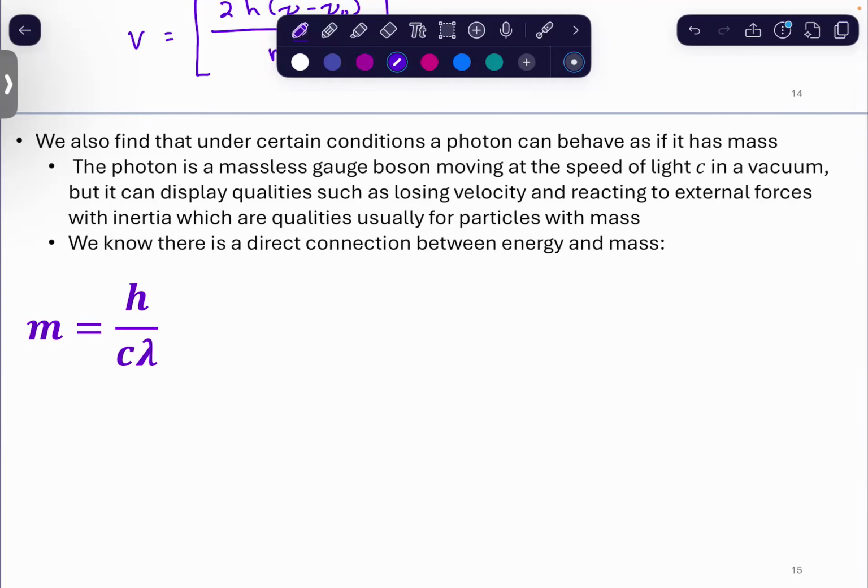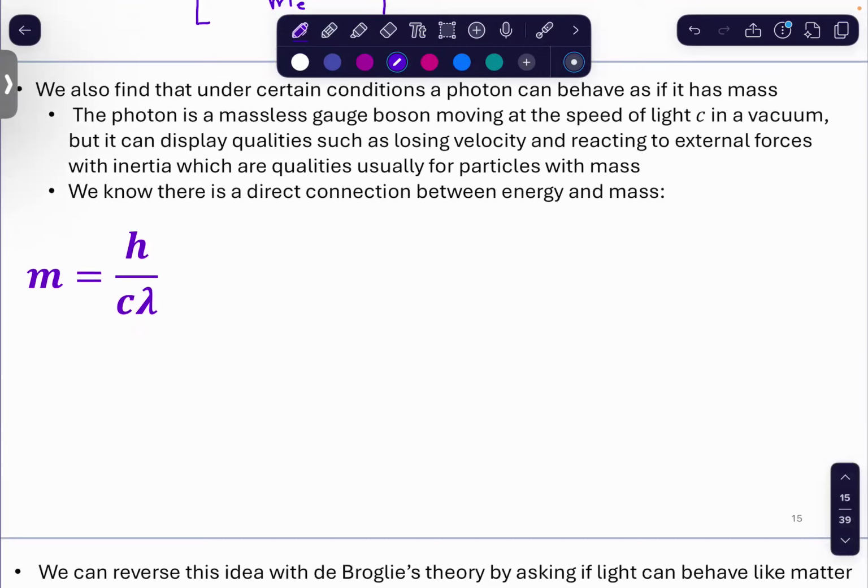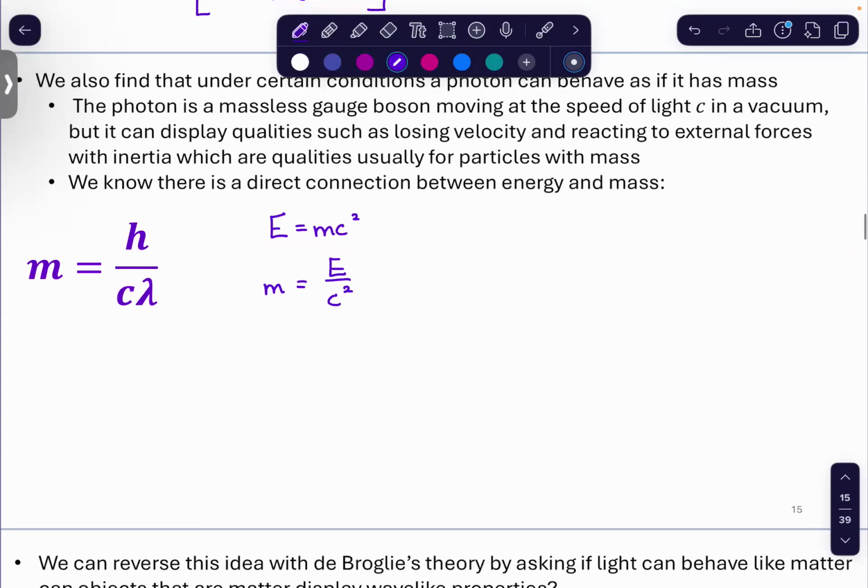And we know, for example, that there is a direct connection between energy and mass. I hope you're already kind of thinking about what that connection is. It's our very popular Einstein equation. So E equals mc squared. Energy is mass times the speed of light squared. We can rearrange that. Mass is going to be energy over c squared.